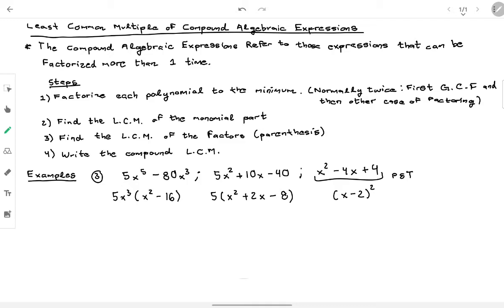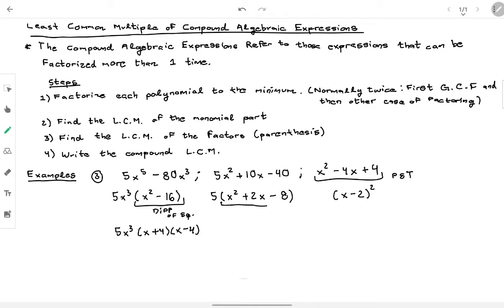So let's see. This one we can continue factorizing because it's a difference of squares. So what we need to do here is 5x cubed that multiplies x plus 4 that multiplies x minus 4.